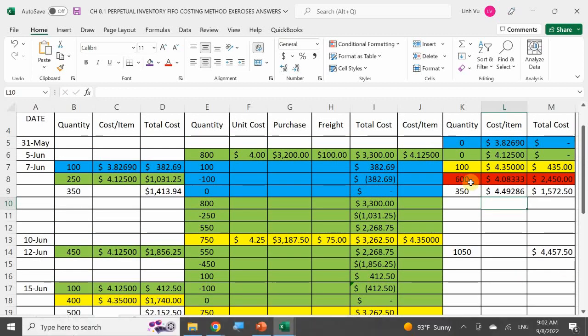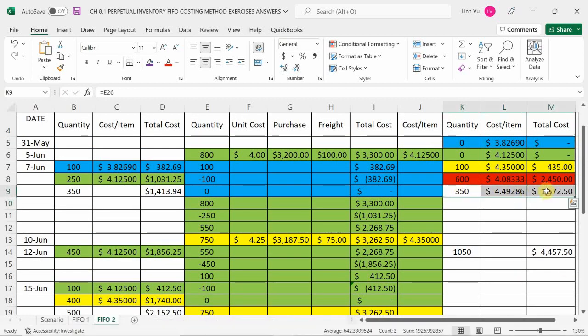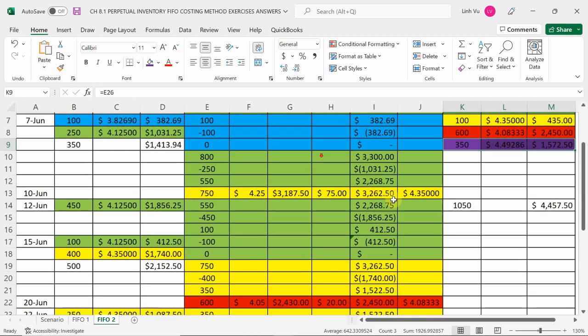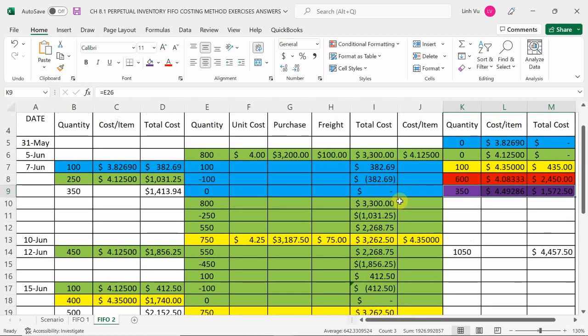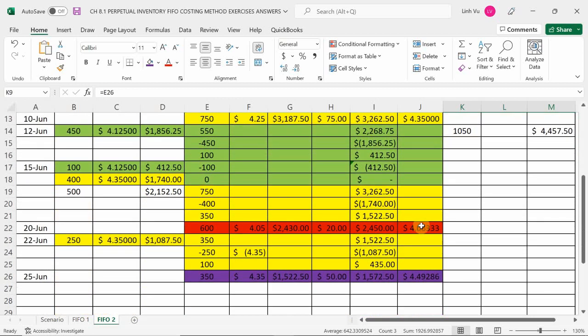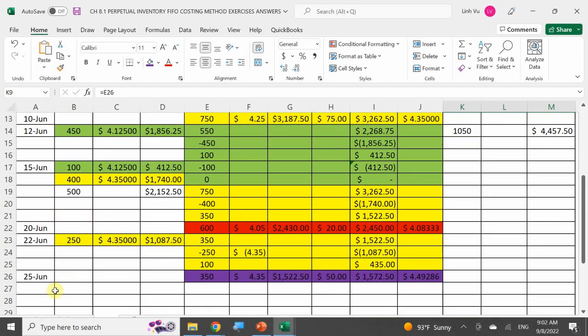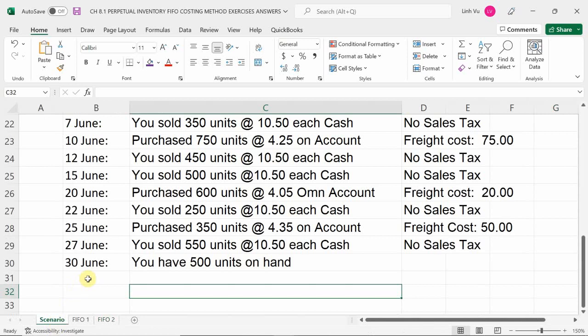All right. So now by that new purchase, I now have a total of 1050 available to sell. So I got 3 batches of inventory. I got my yellow, I got my red, and I got my purple. Okay. So now let's see what happened next.